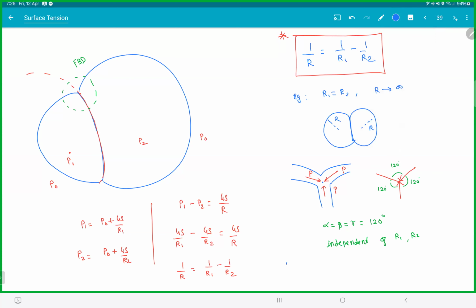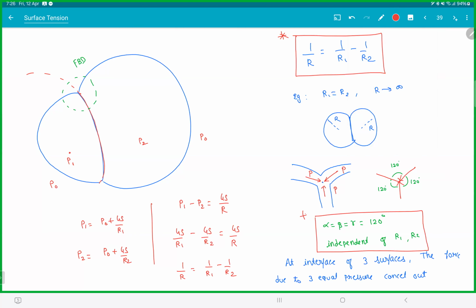So basically, at the interface of three surfaces, all the three pressures, which are equal, are keeping it in equilibrium. Clear? So that is again one important result. These are BITS and CET level questions.